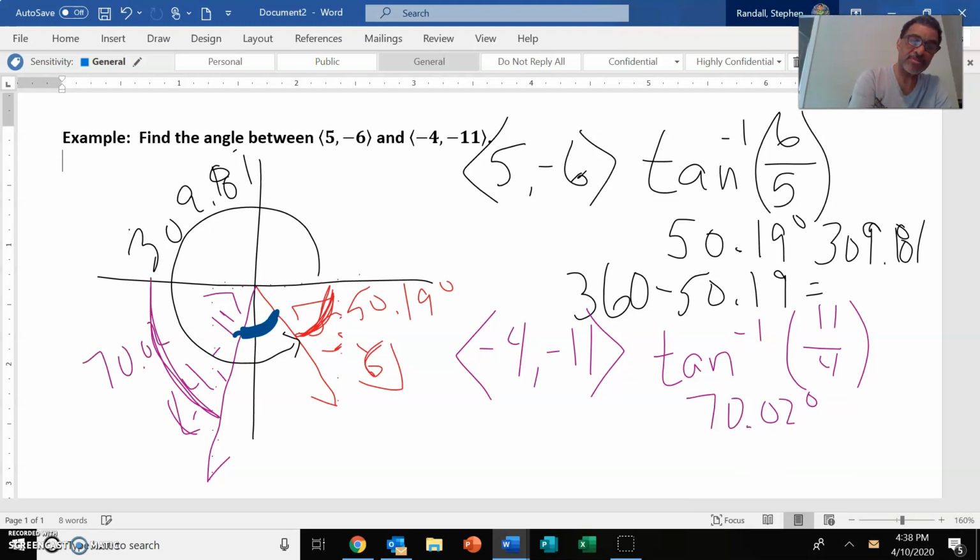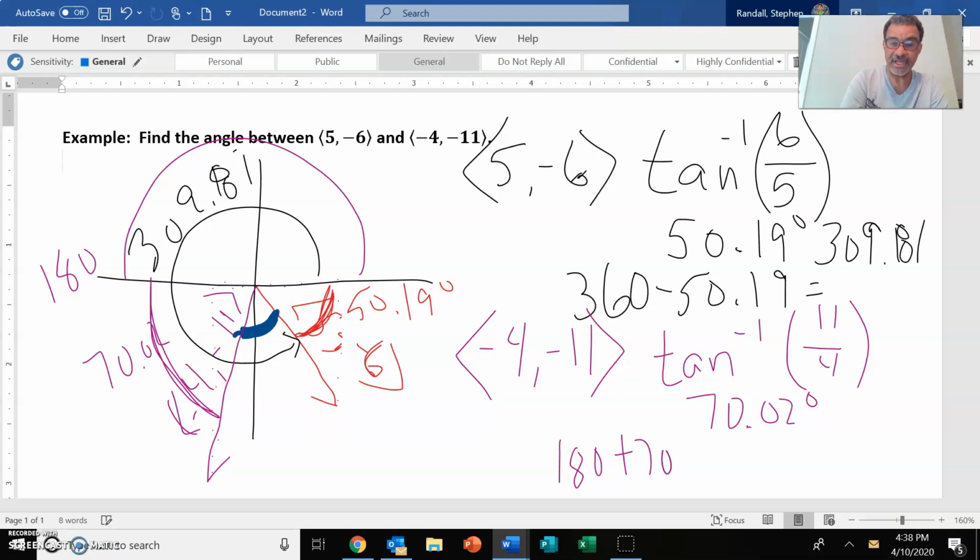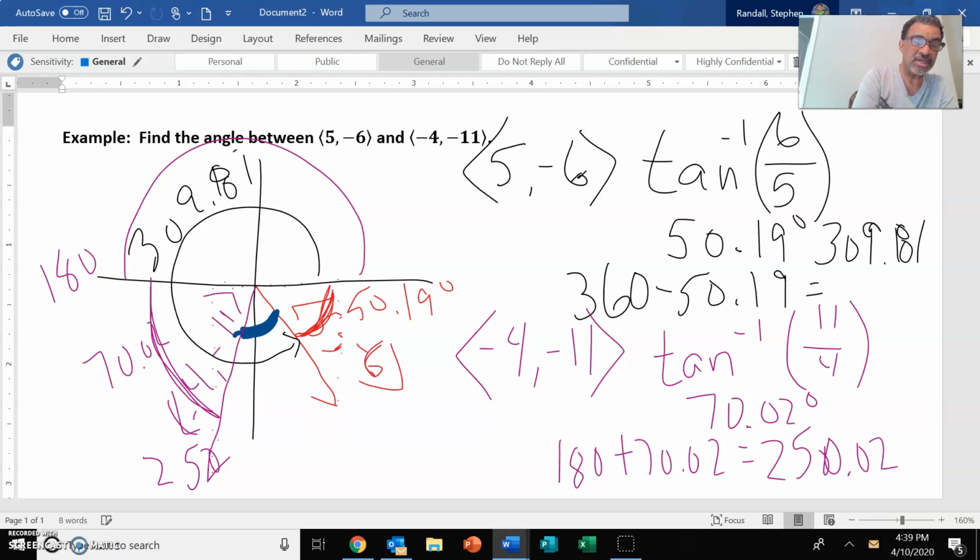This is 70.02, which makes the direction 180 plus 70.02, which equals 250.02. So this is 250.02, and this is 309.81.